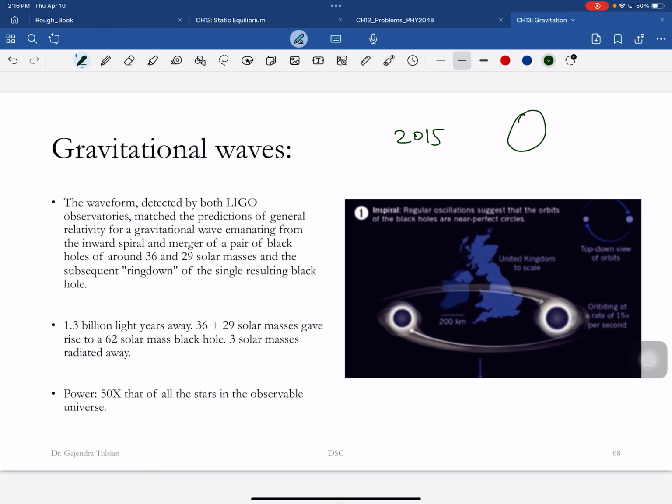Our sun is 5 billion years old, and it's got another 5 billion years to live. So our sun has a lifespan of 10 billion years, and I'm just giving you rough numbers. Let's say when it was born, it was 100 pounds. And when it dies in another 5 billion years, it'll weigh about 98 pounds.